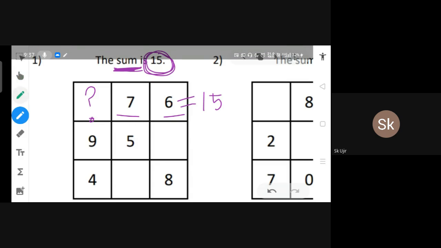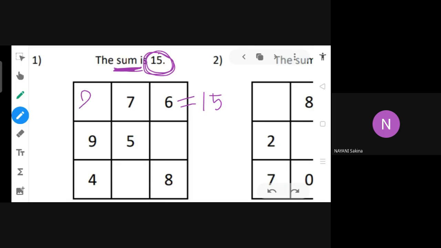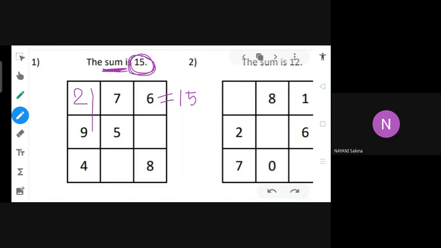Ma'am, 13. So 13 means how many more do we need to make 15? Here 2 will come. Yes. So now you can add 2 plus 7 plus 6, what will you get? 15. The same way down also: 2 plus 9 plus 4, 15.